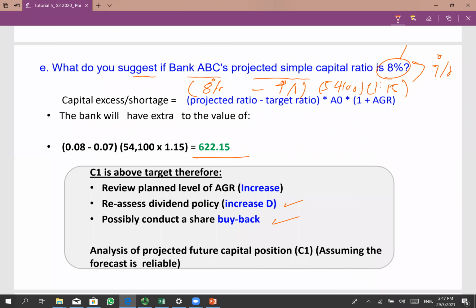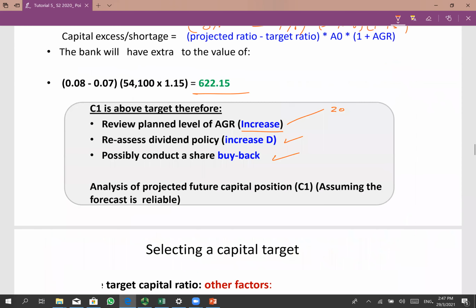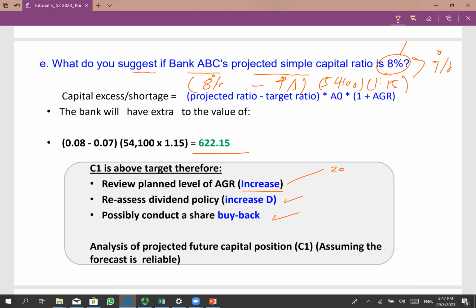Or pay back some of your shares. Or increase your asset growth. Instead of 15%, maybe you make it 20%. You can solve for how much the asset growth should be in this formula to have a 7%.